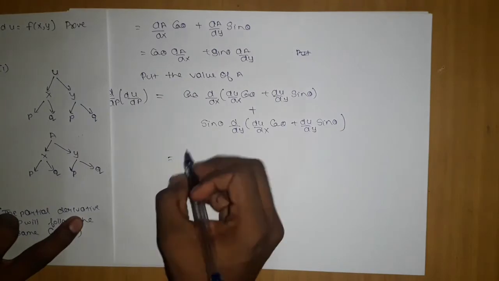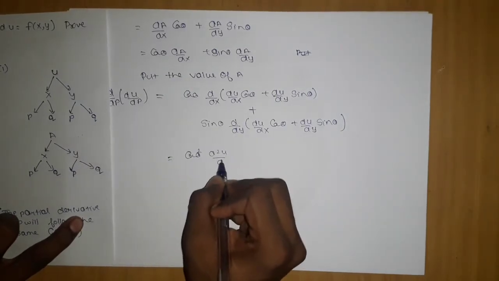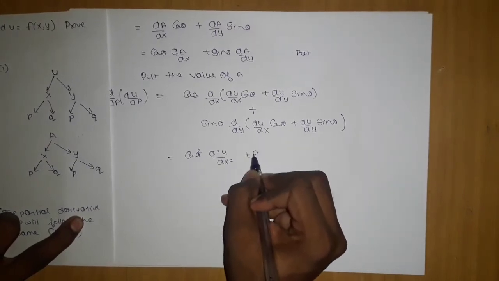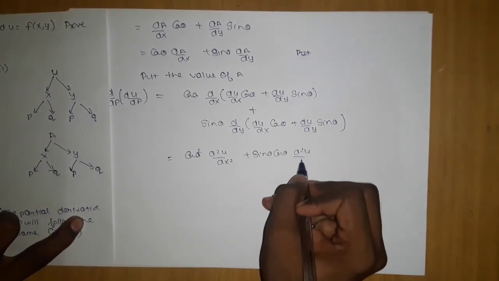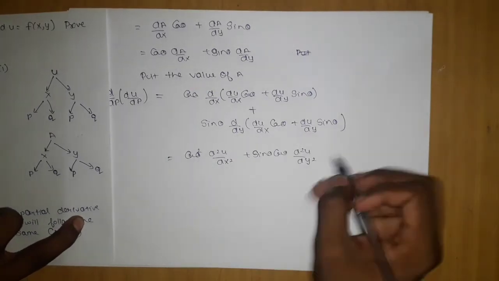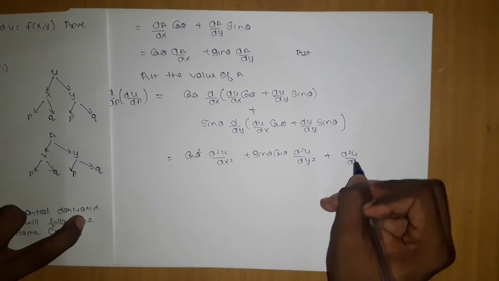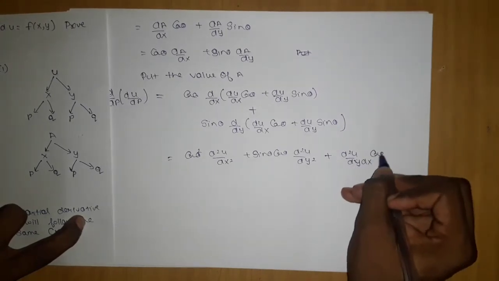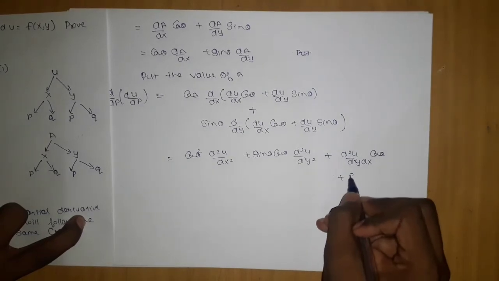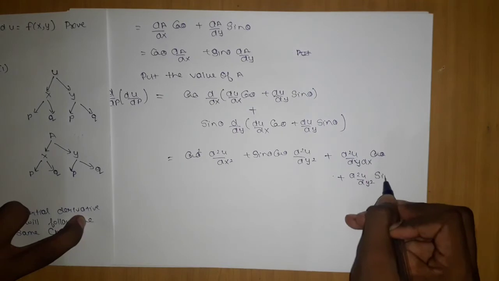Now if I simplify, I'm going to get cos² theta ∂²u/∂x² plus sin theta cos theta ∂²u/∂y², similarly again ∂²u/∂y∂x cos theta plus ∂²u/∂y² into sin² theta.